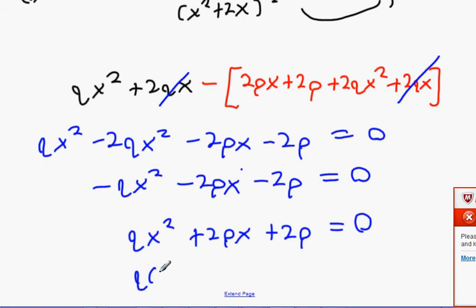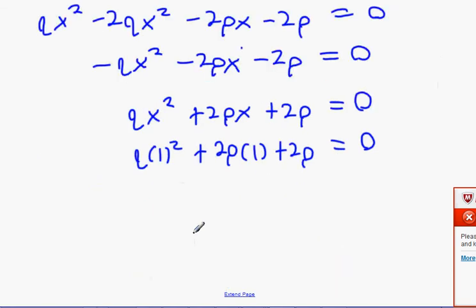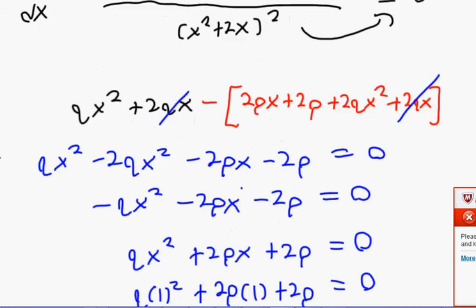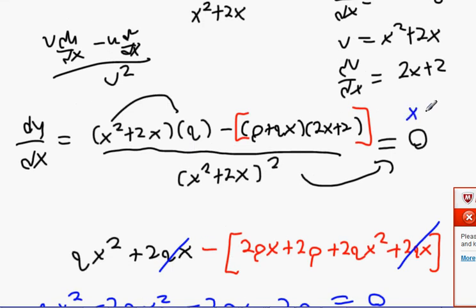So what we're going to get is q times 1 squared plus 2p times 1 plus 2p equals 0. And now all we're going to get is q plus 4p equals 0. And that's a much healthier looking equation now. So remember, when we differentiate, we were meant to replace x with 1.